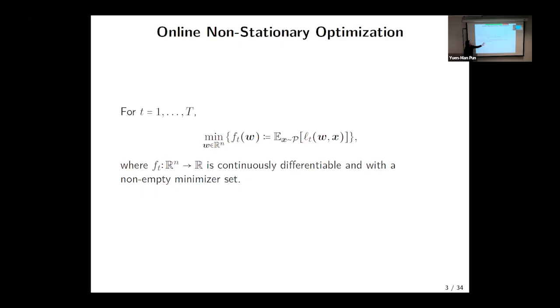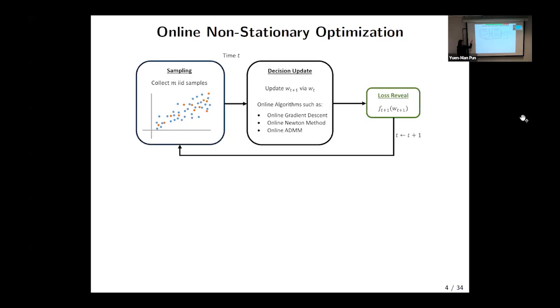Because this online optimization problem is time varying, we assume that each ft should be close to each other. So we can use the information at the previous time step to make an estimate for the next time step. That's why we want to use online optimization. Basically, the setting is like this.